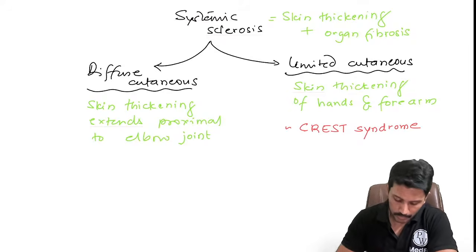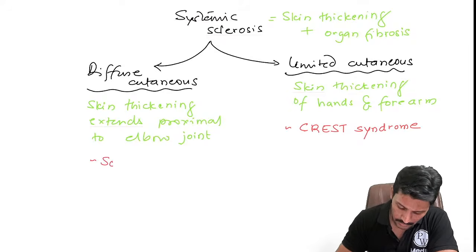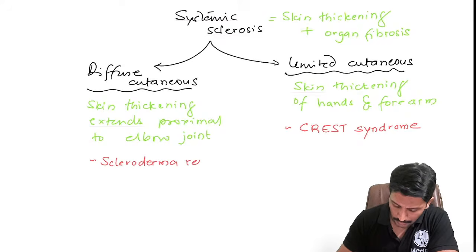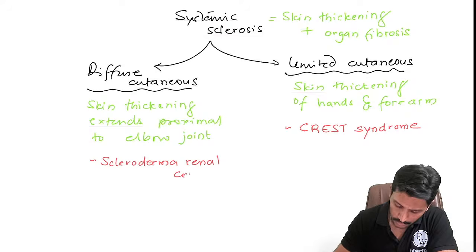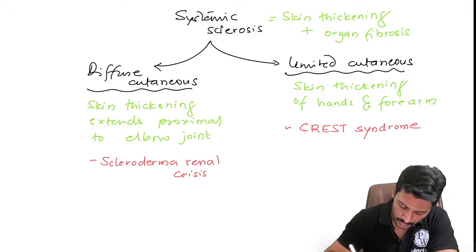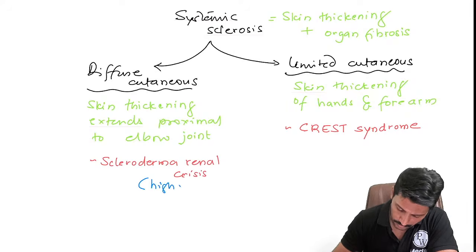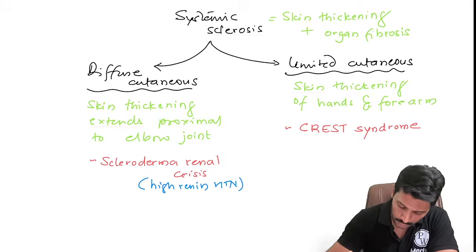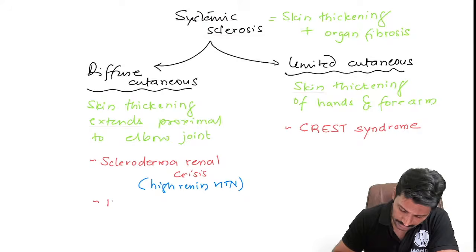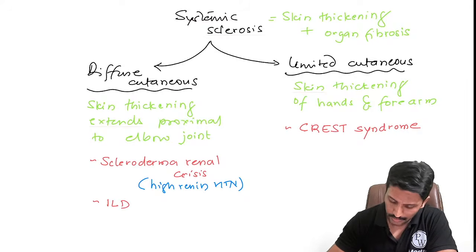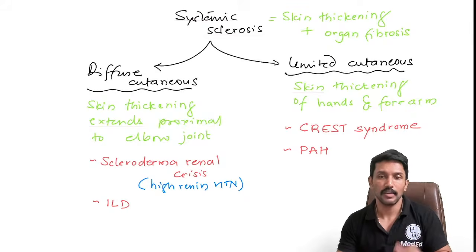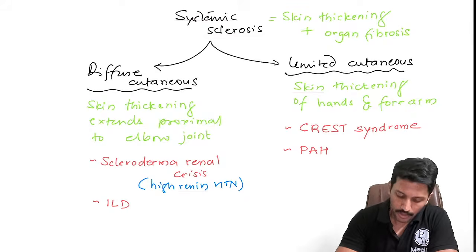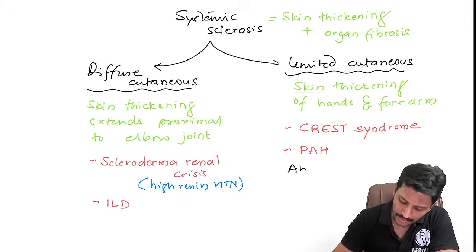Now, in diffuse cutaneous patients, there is an increased risk of scleroderma renal crisis. What is scleroderma renal crisis? It is a high renin hypertension. They are also at increased risk of developing interstitial lung disease, while limited cutaneous patients are at increased risk of developing pulmonary arterial hypertension. And both of them are rheumatological disorders, so they will have antibodies.